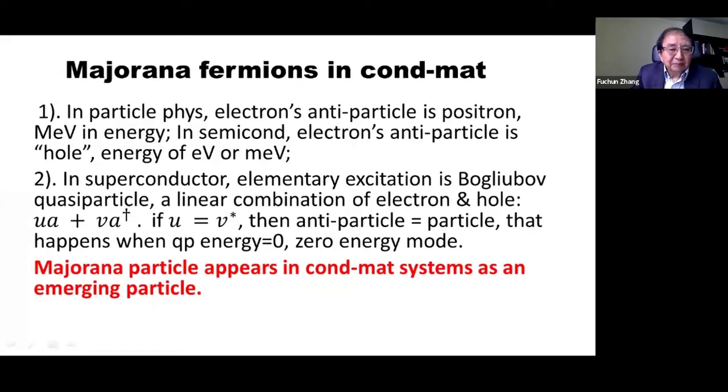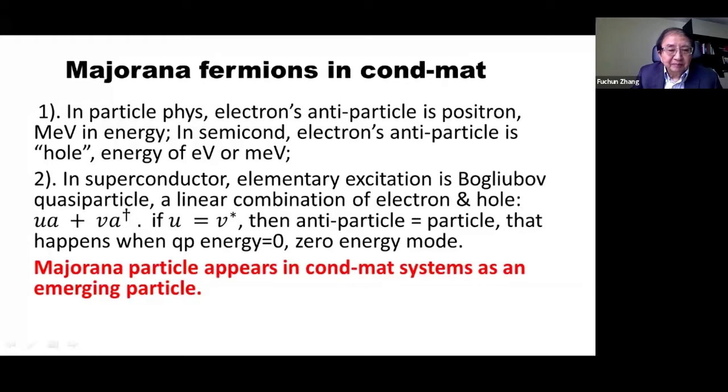The other interesting point is that in a superconductor, the elementary excitation is the Bogoliubov quasiparticle, which is a linear combination of electron and hole, for instance, u a plus v a dagger. I consider the spinless case; depending on spin singlet and triplet, the spin will be involved.